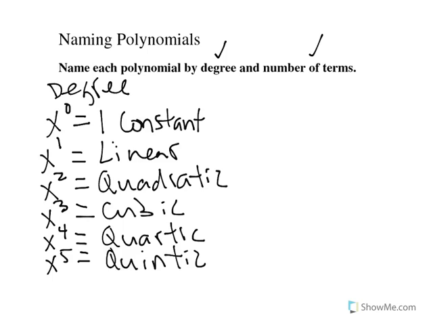Right, and anything greater than 5, so for example x to the 6, we just call it the 6th degree, and so on. Right?